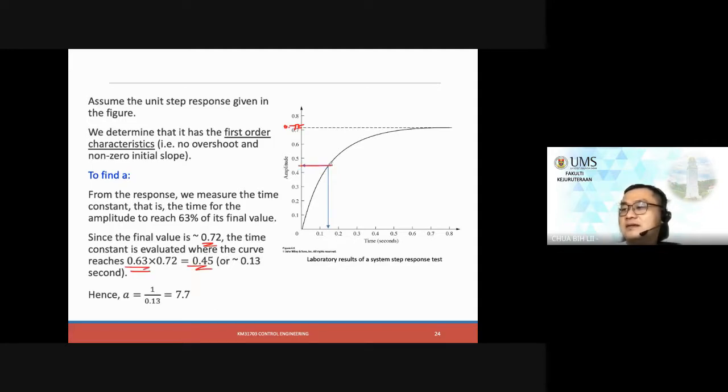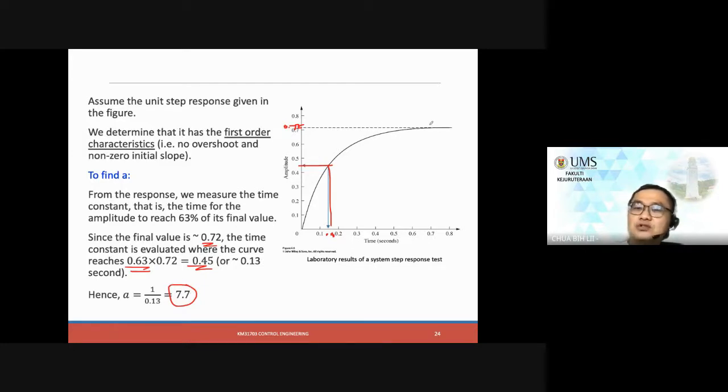Plot it down, and you roughly get a equals 7.7, because this is roughly 0.13. This is how you get the a from this characteristic curve.